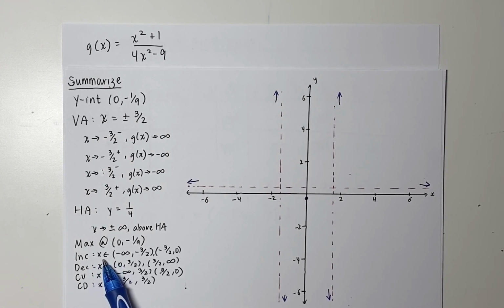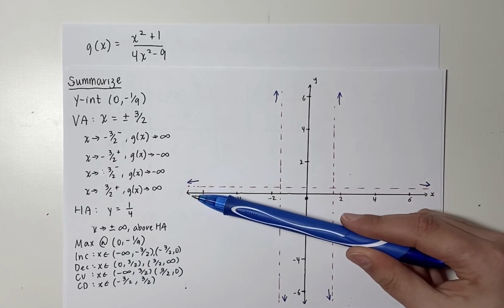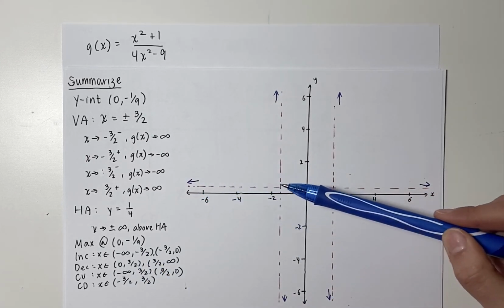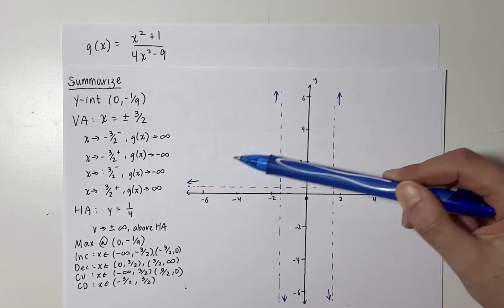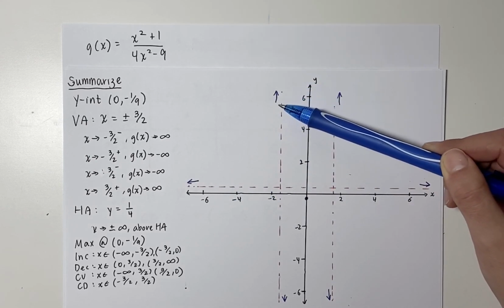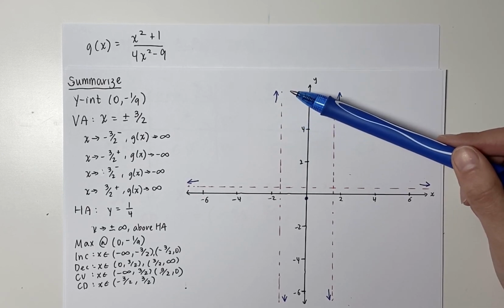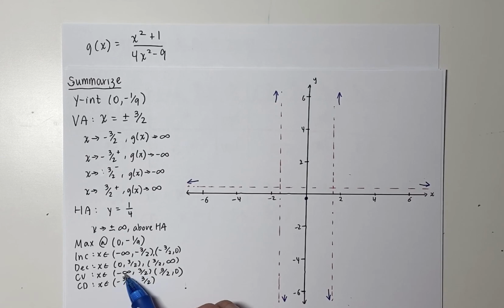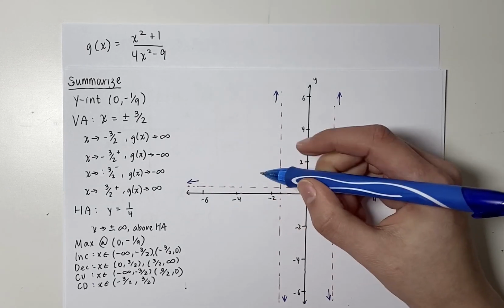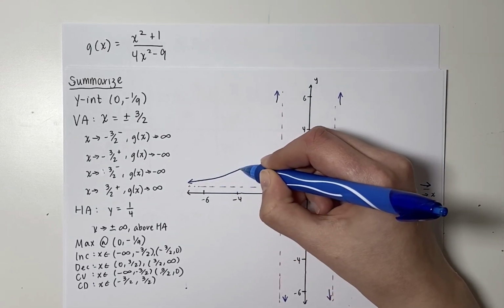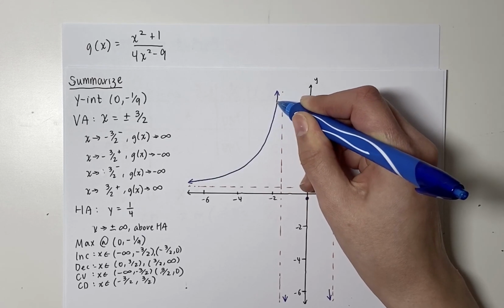Now our increasing interval, it's increasing from negative infinity to negative 3/2. However, is it concave up or concave down? Well, we know that negative infinity to negative 3/2 is concave up, so it's going to look like this.